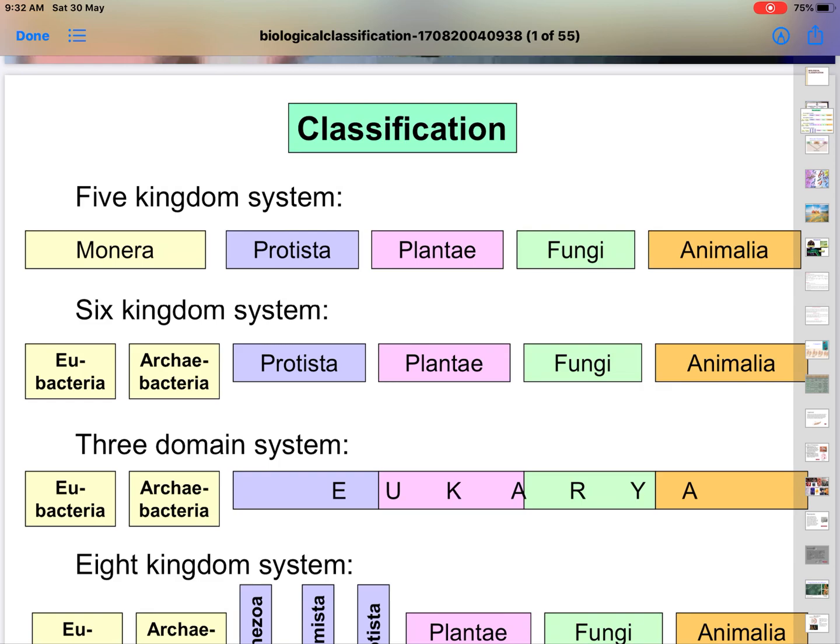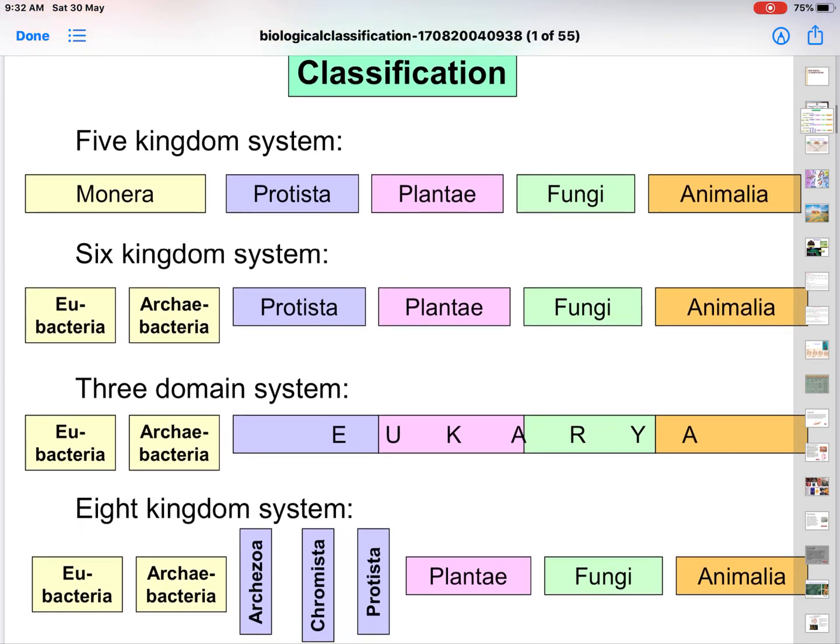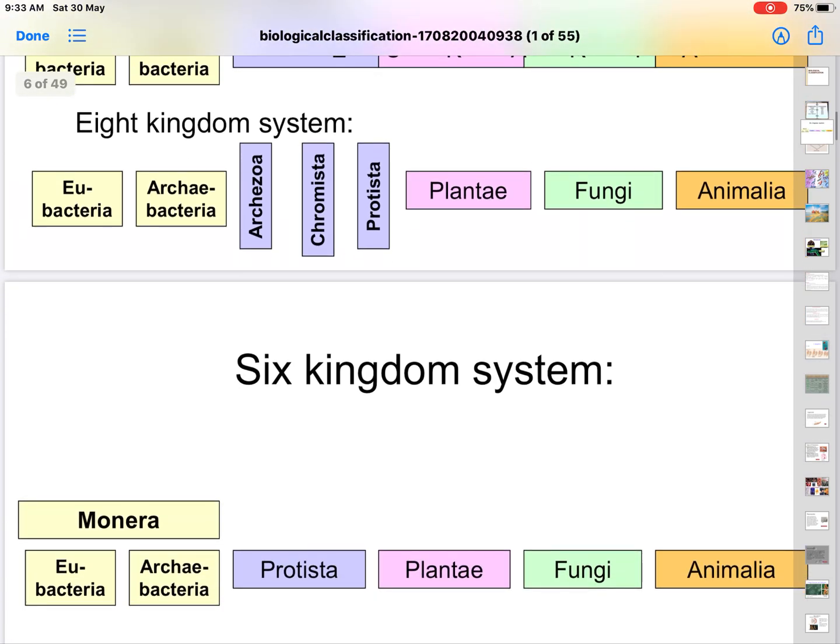Later on, three kingdom, four kingdom, and the most accepted one now is five kingdom classification. In it we have five kingdoms: kingdom Monera, kingdom Protista, kingdom Fungi, kingdom Plantae, and kingdom Animalia. Under kingdom Monera, we have two sub branches, Archaebacteria and Eubacteria. So let us learn about them.